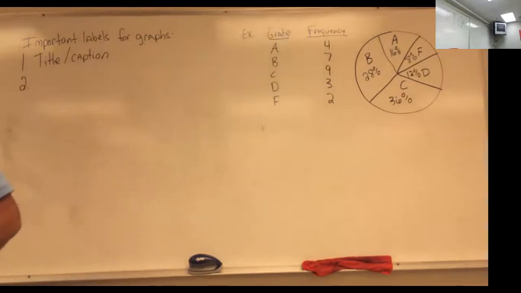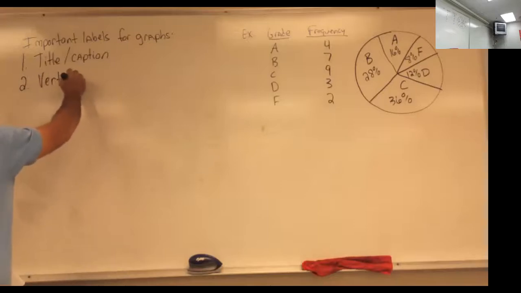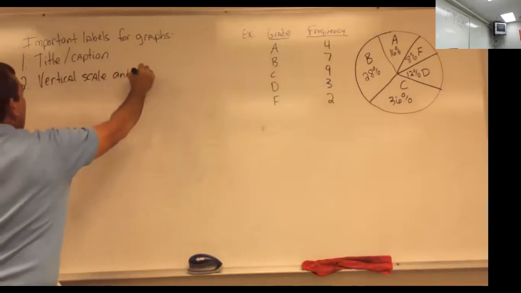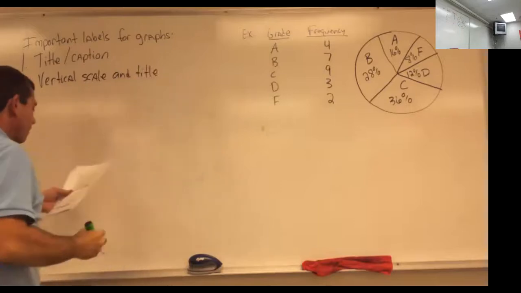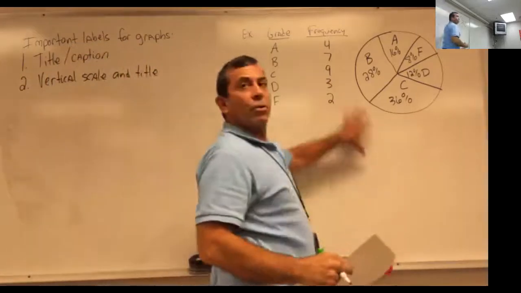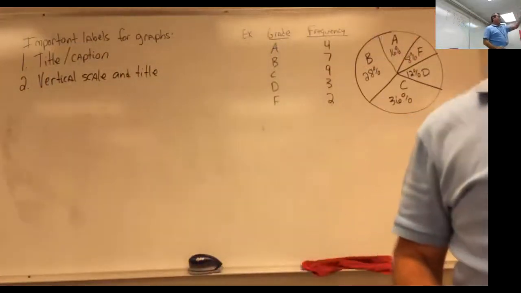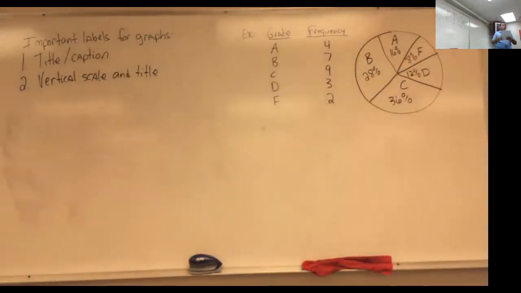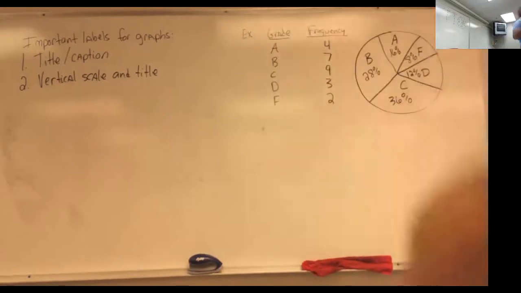You need a vertical scale and title. So your vertical scale is the numbers going up and down vertically, like my frequencies when I was doing the one. So the numbers on the vertical axis should clearly indicate the scale, what you're using.